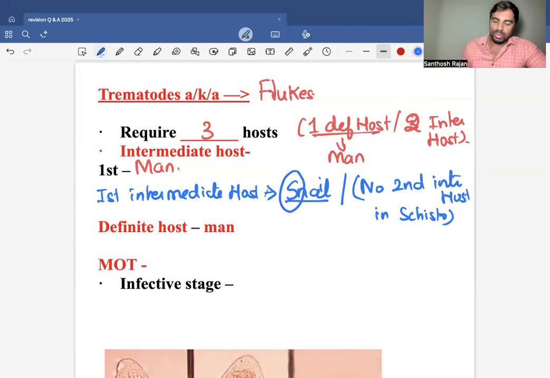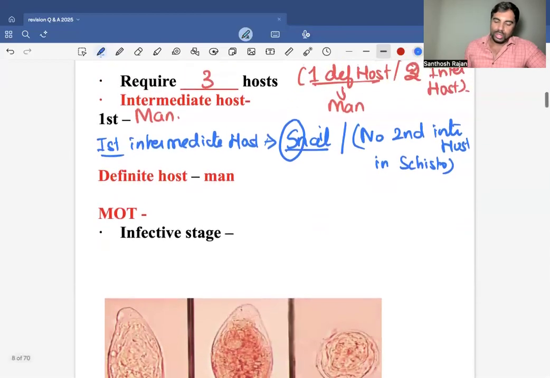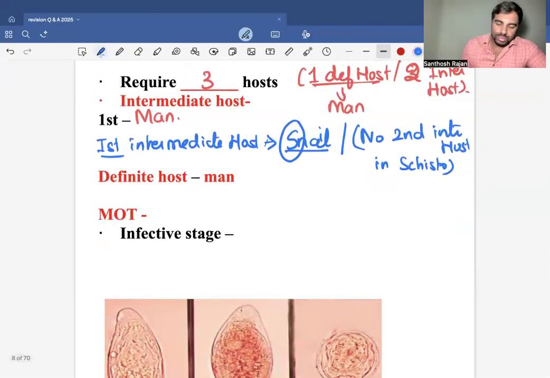Here you have only the first intermediate host, that is your snail. That is an important point. Definite host is always man. So the first intermediate host is snail for all, and there is no second intermediate host for Schistosoma, but all other trematodes have it.